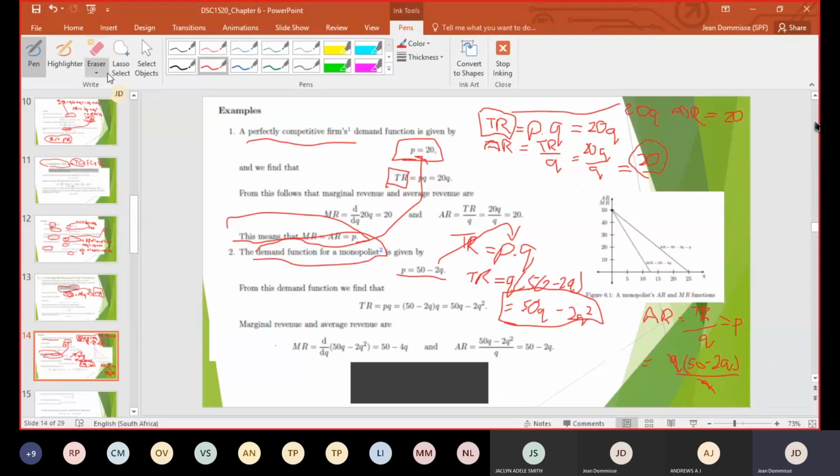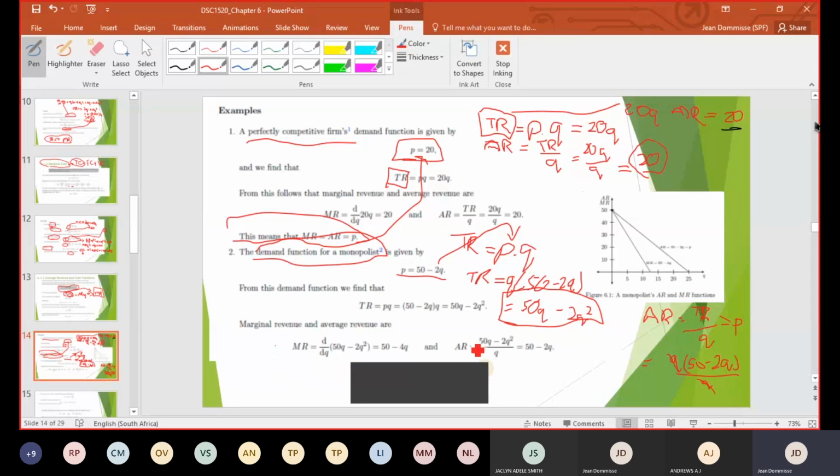So even if you looked at when we did it here, it was equal to P as well. So your average revenue, if you're ever struggling with it, it is actually your P value.